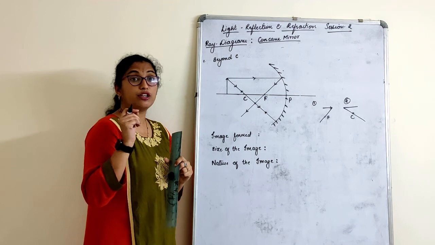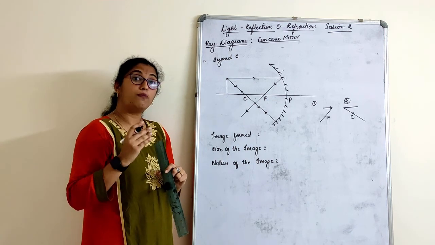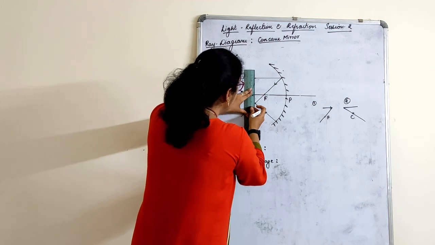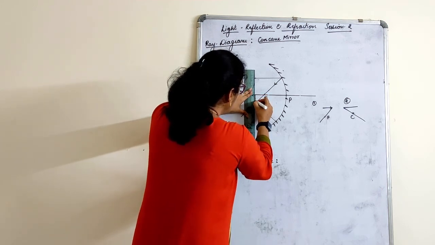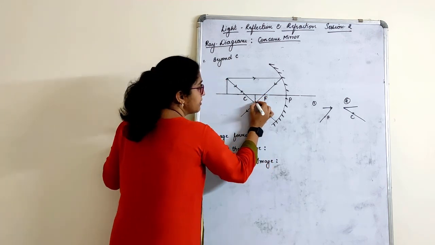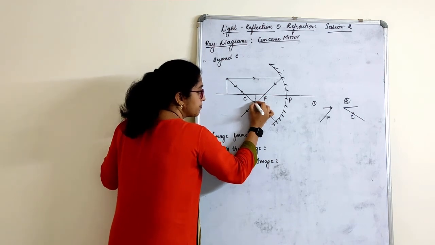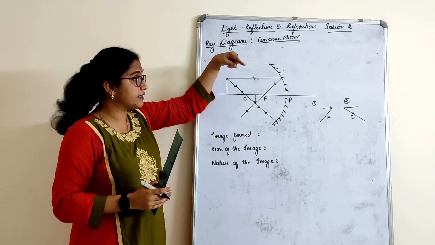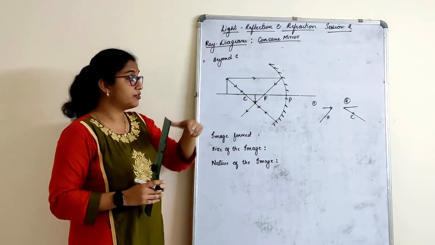That is the point of intersection where, for the object we have kept, the image is formed. So I will draw the image here. It is formed this way. Put an arrow mark down. That means the object was kept like this, and the image is formed like this, right?